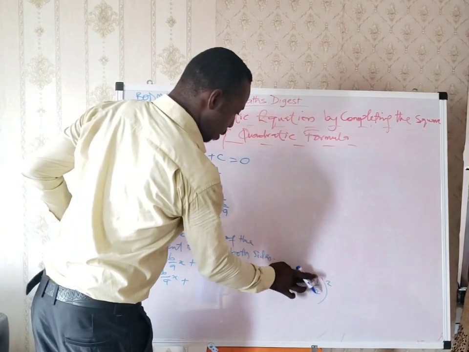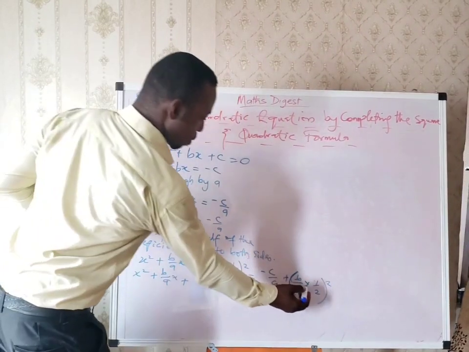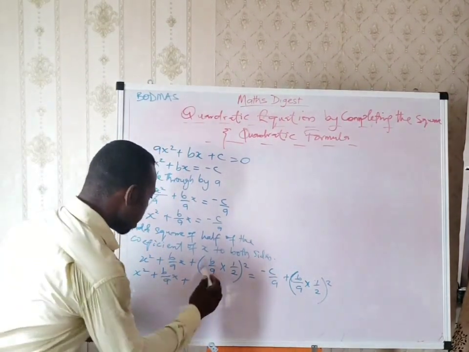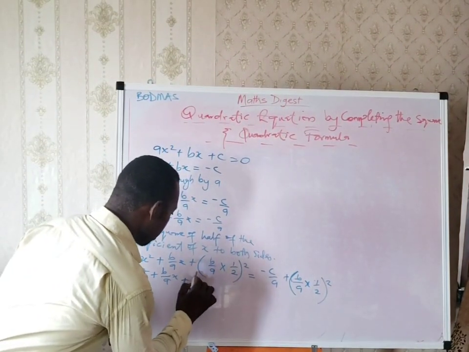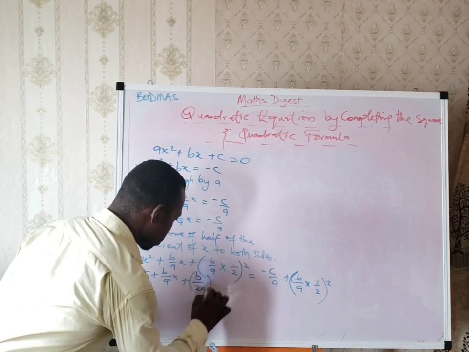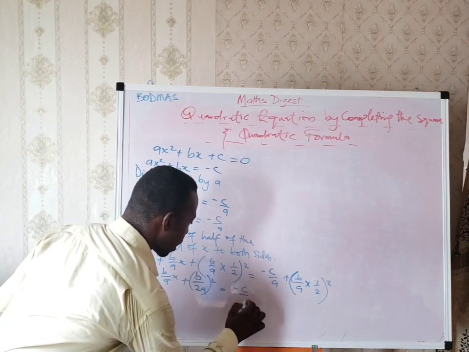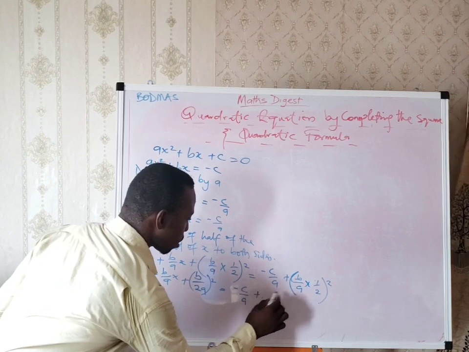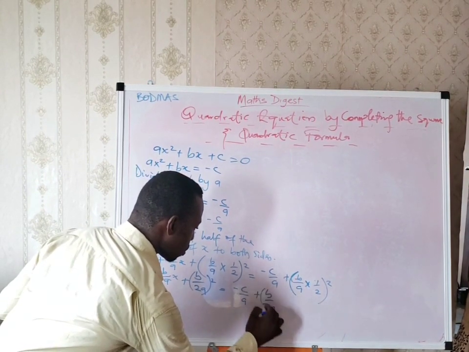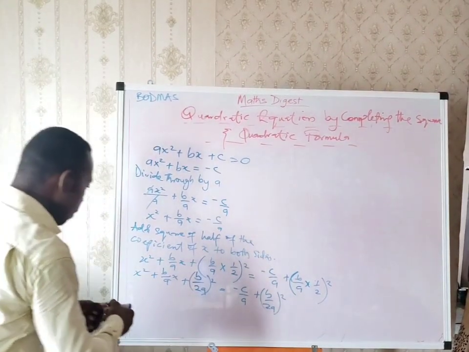Now b times 1 is b, a times 2 is 2a, and we still have it raised to power 2, equal to minus c over a plus, this times this is b over 2a raised to power 2.